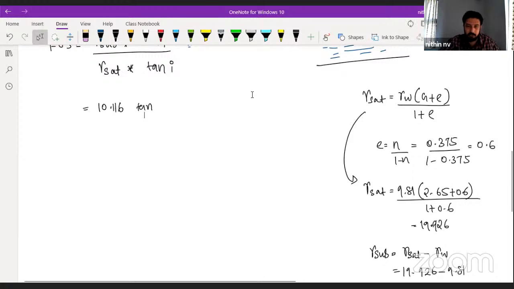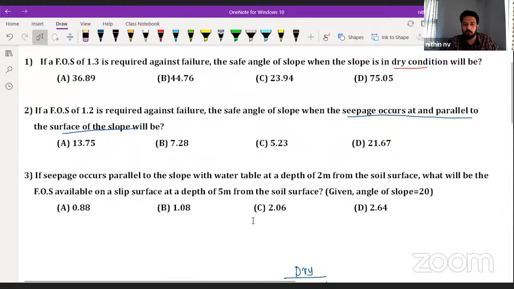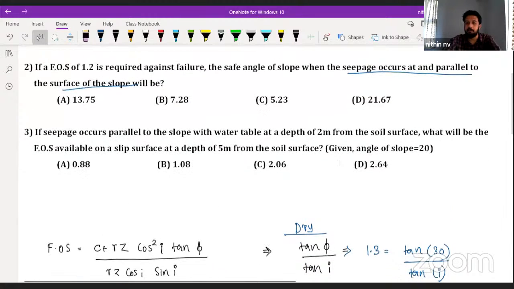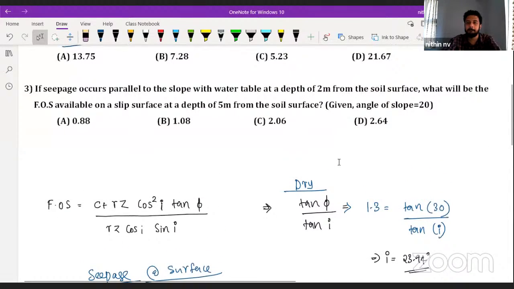What do we need to calculate? What will be the factor of safety we have to calculate if seepage occurs parallel to the slope with a water table at a depth of 2 meters from the soil surface?